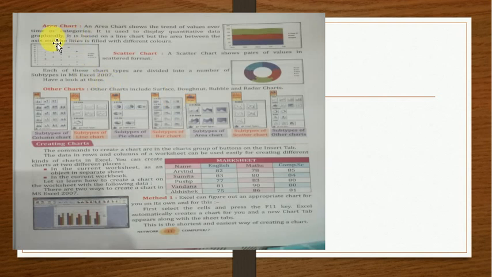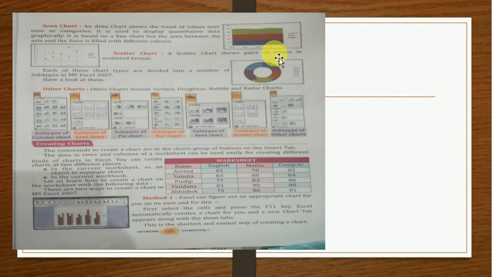All right, area chart. So this is the fifth kind of chart. What is an area chart? An area chart shows the trend of values over time or categories. So it shows here that over a period of time. It is used to display quantitative data graphically. Now this shows how the values of things that are trendy change over a period of time.